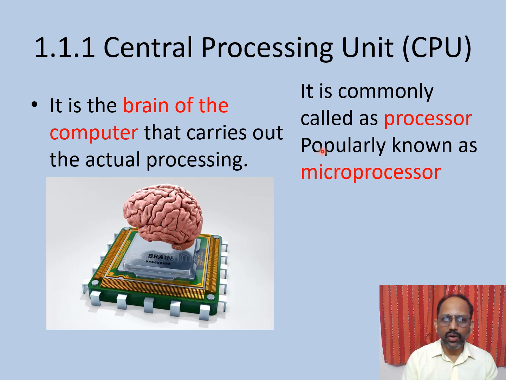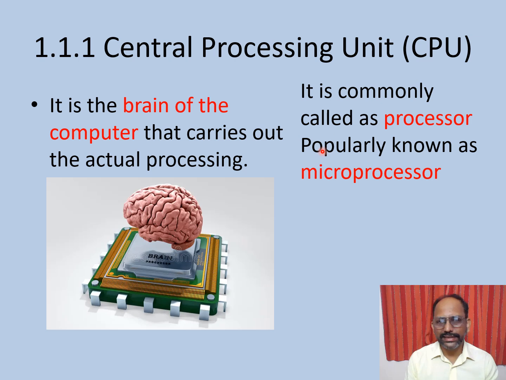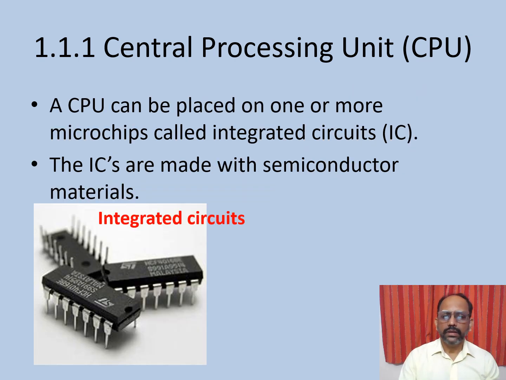It is commonly called as processor, popularly known as microprocessor. The CPU can be placed on one or more microchips called integrated circuits. Dear students, here you are looking the integrated circuits.